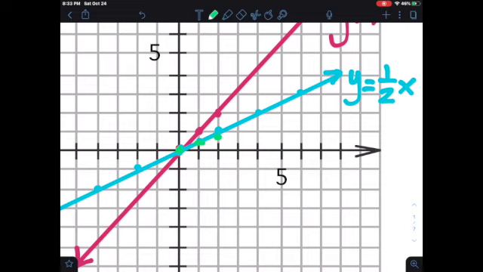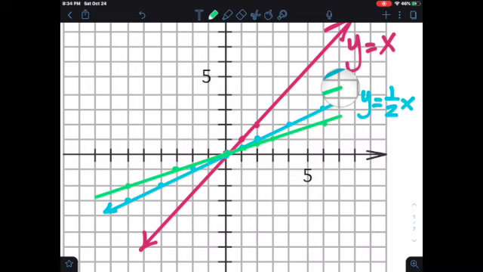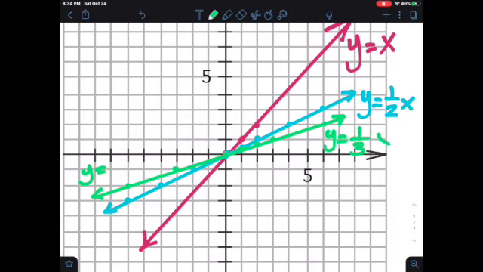So I'm just going to put it right there and take 3 boxes to make it up to 1. So I actually have an idea where all my line is going. And then if you connect them, that will be the way you can see it. And that is going to be y equals 1/3 x.